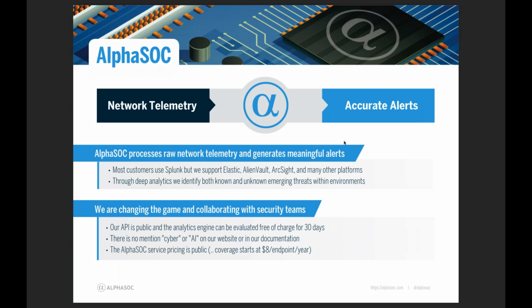So AlphaSOC, as a capability, we are really just in the business of processing raw network telemetry and generating meaningful alerts. We operate a cloud service, and we also have an on-prem version of our engine that customers can deploy locally within their environments.